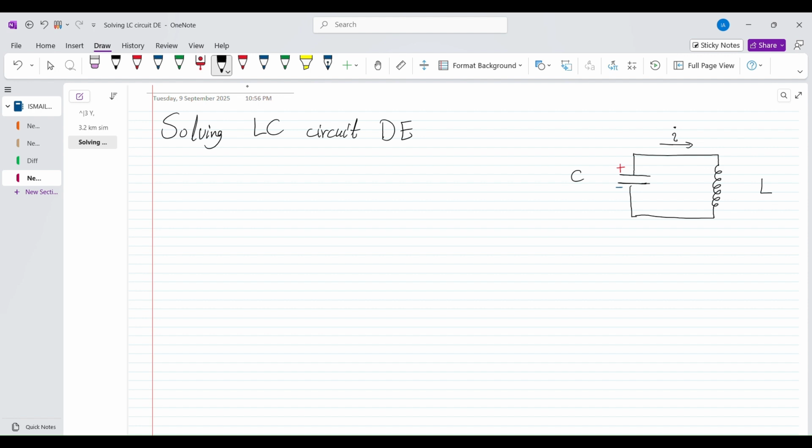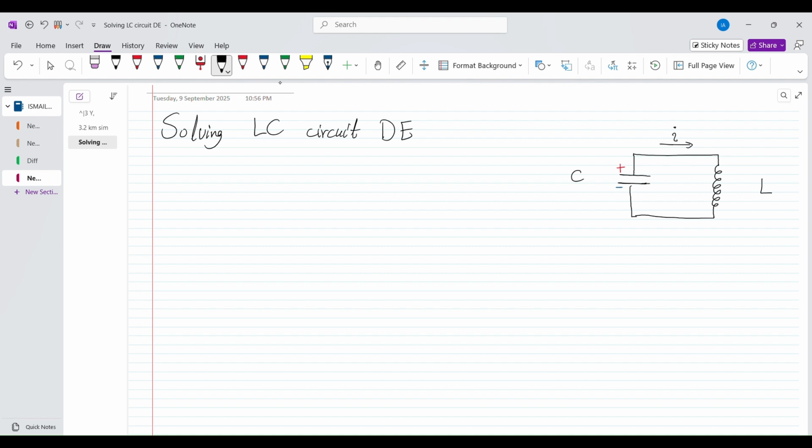Without this we will not be able to obtain this current. So because I assumed this direction of current, a positive charge must be on the upper plate and a negative charge must be on the lower plate.